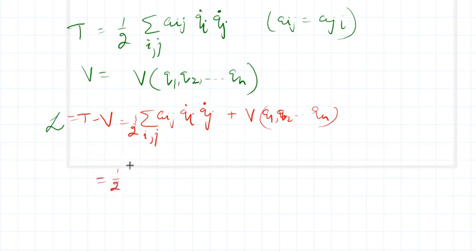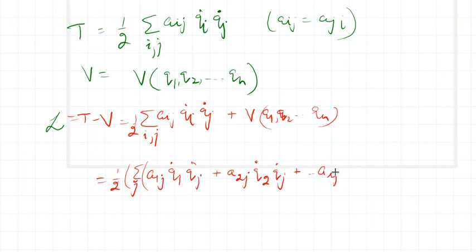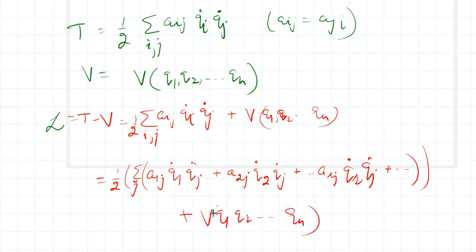So it is 1 by 2, summation over j, and I will open the summation over i, so it can be written as A1j Q1 dot Qj dot plus A2j Q2 dot Qj dot plus and so on, Arj Qr dot Qj dot and so on, plus P of Q1, Q2 and so on up to Qn.